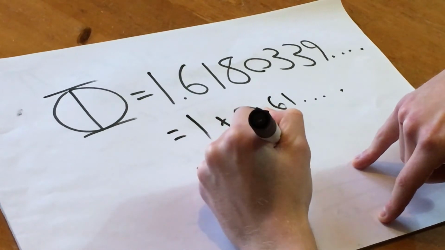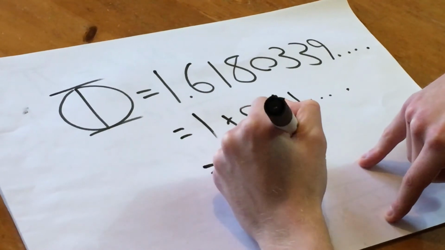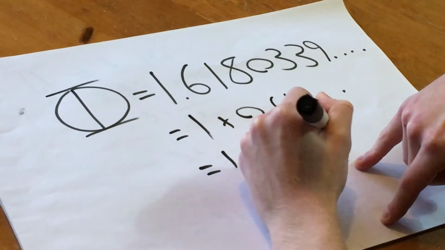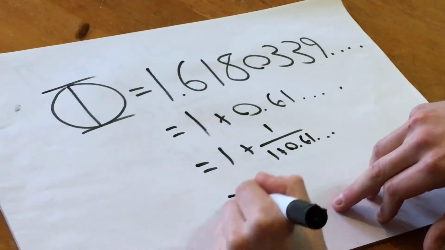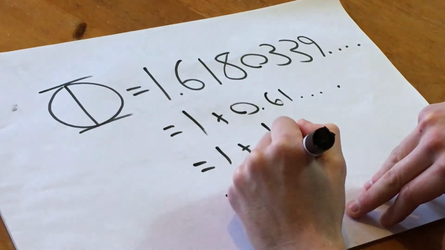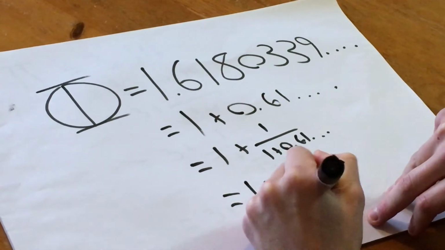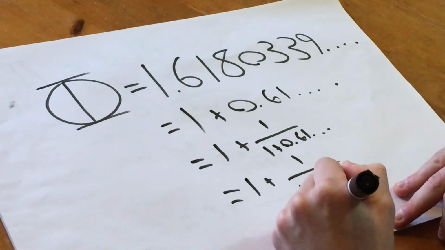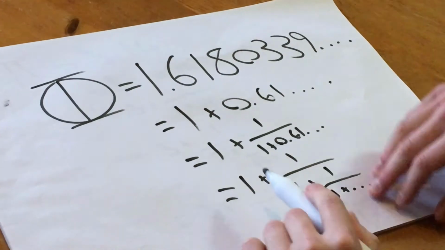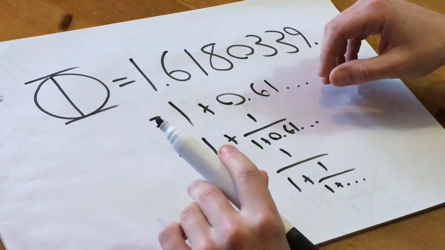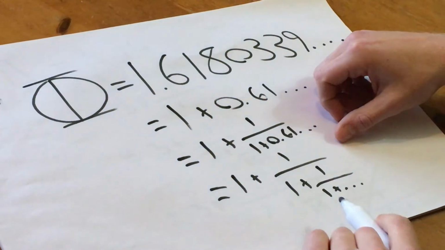So we're just going to get the golden ratio on the bottom. So it's again going to be this. And you'll start to notice a pattern when I'm doing this. 1 plus 1 over 1 plus. And what we're going to find is that because this is an irrational number, this will never end.